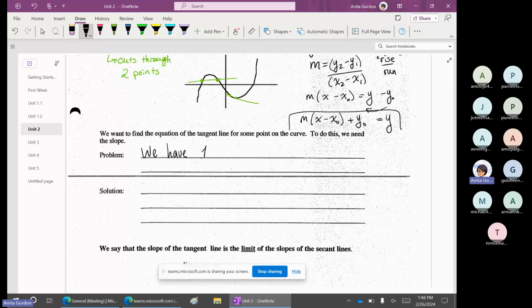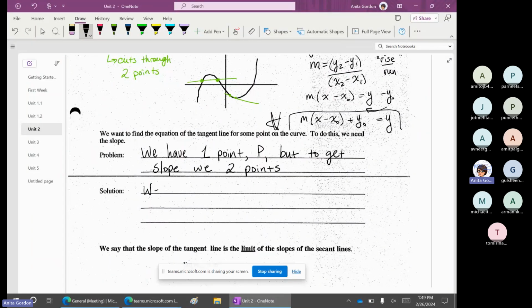We have 1 point. Let's call it P, our original point. But to get the slope, we need 2 points. So in order for us to do that, essentially, we're going to create a secant line. We're going to cut the graph in 2 points so that we are able to find the slope, and therefore we're able to find the y equals mx plus b kind of equation.